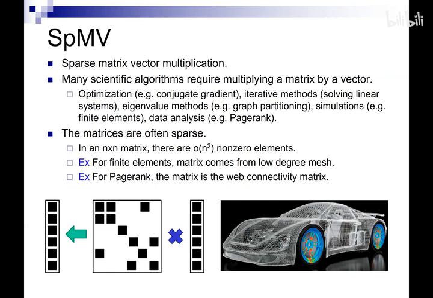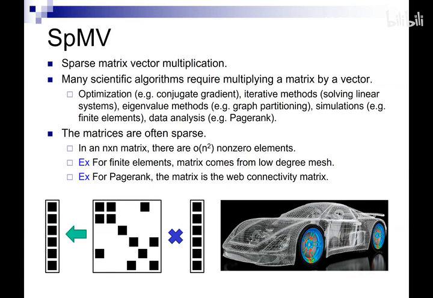Therefore, in each row, the only non-zeros are the connections from that website to other websites. Each website is only going to connect to maybe a few dozen or at most a few thousand other websites, maybe 100,000, but it's not going to connect to every other website on the web.